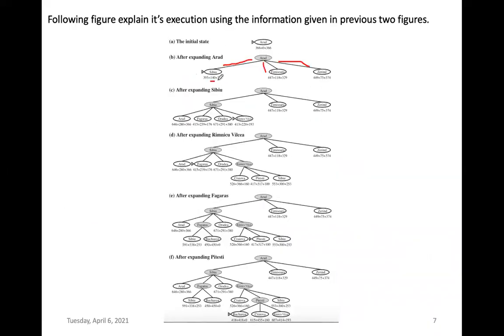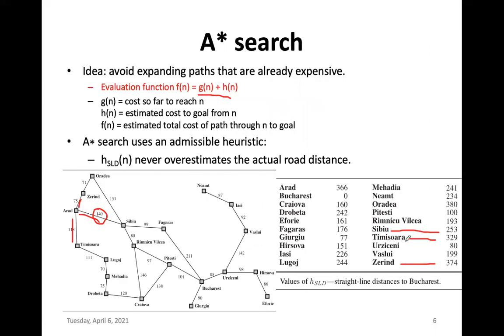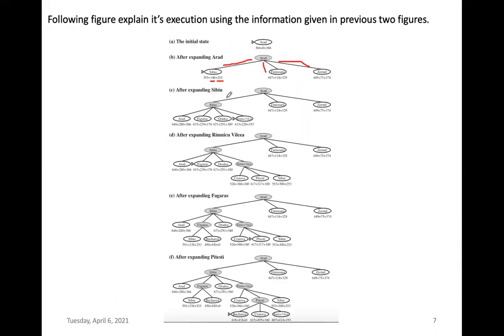And the h of n of Sibiu, from this table, is 253. So 140 plus 253 is 393. And similarly, from Arad to Timisoara, you can write the values like this one, and from Arad to Zerind as well. It is the summation of g of n plus h of n.